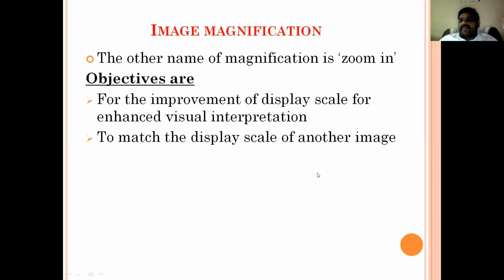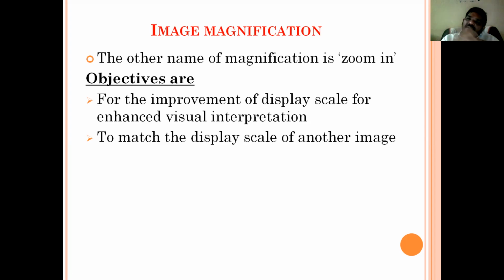Followed by magnification. What is the magnification here? First thing is optimum utilization of the available color display scale. So you want to increase the color display mode. How can you increase? Based on the availability.